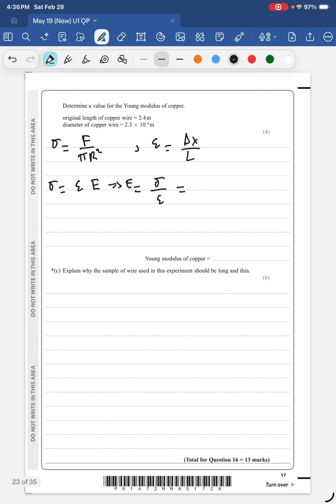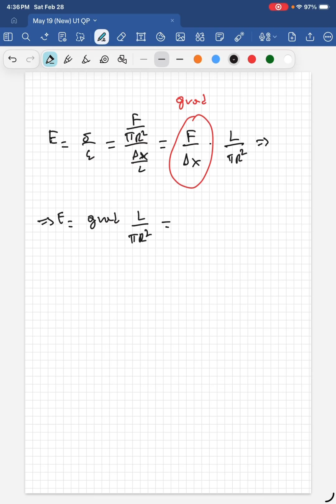And if we go over there, we find 6 over 2.7 times 10 to the negative 3, which is the gradient, times the length, which is 2.4 meters, and then over pi times 1.15 times 10 to the negative 4 squared, or 1.28 times 10 to the 11 pascals, which is the answer for the Young's modulus.